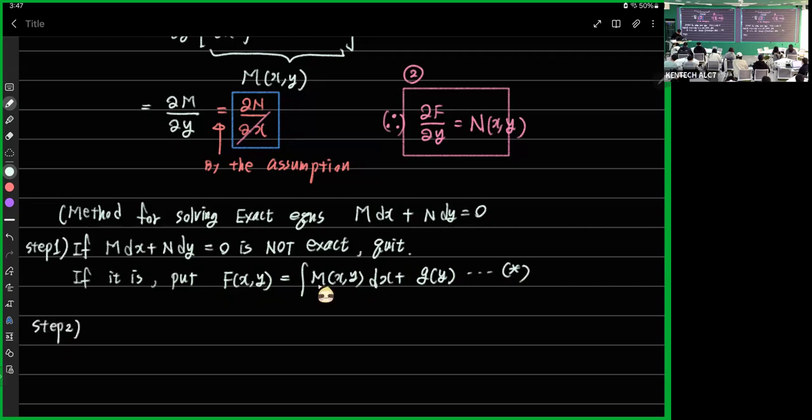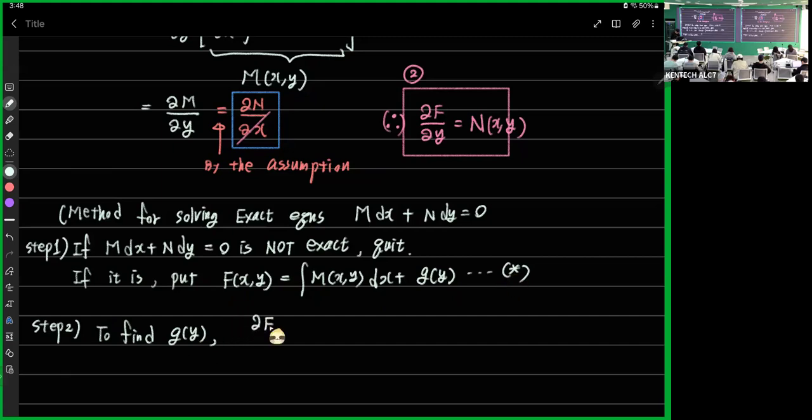To find, okay, M is given, right? So it's not a big deal to find the integral of M. How about g of y? There is no clue at all. So to find g of y, we have to do something. We need to take a derivative of this equation with respect to y. Okay, so to find g of y, we differentiate both sides of this equation star.